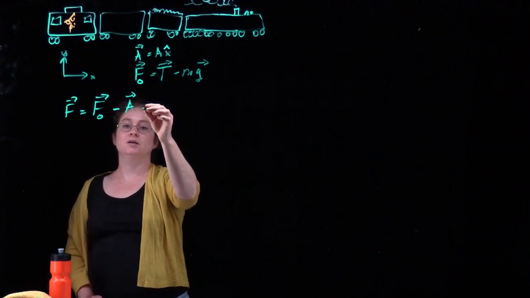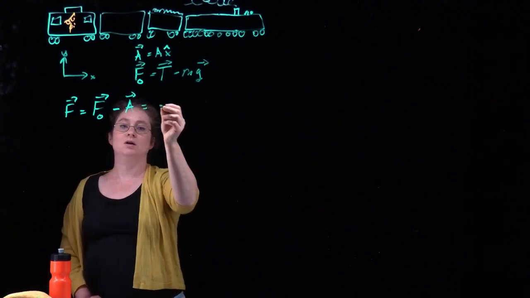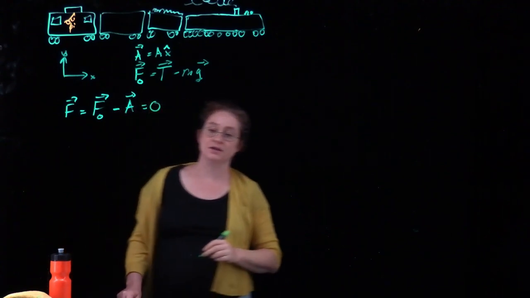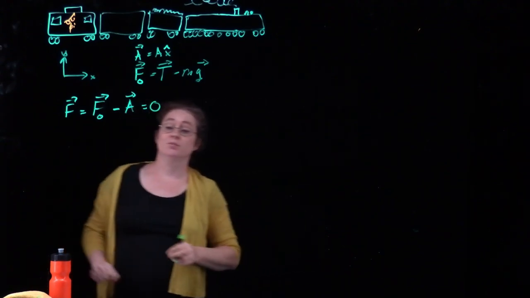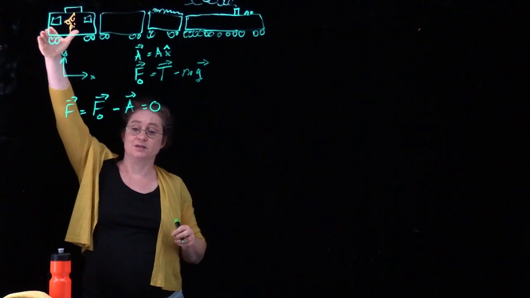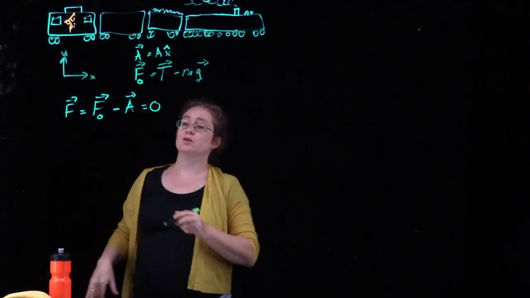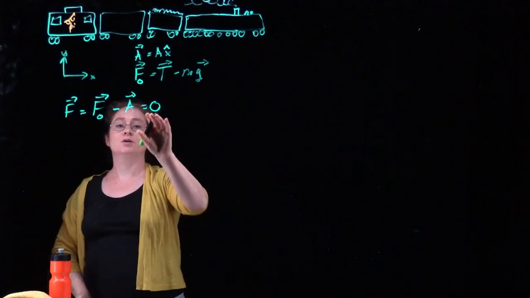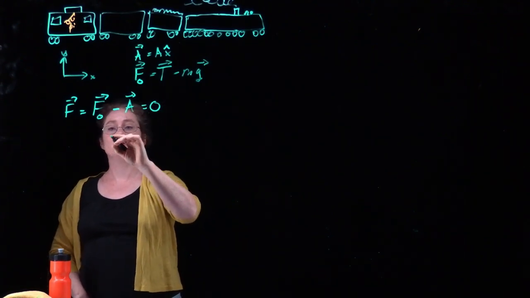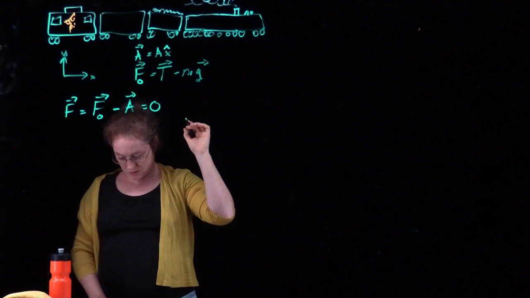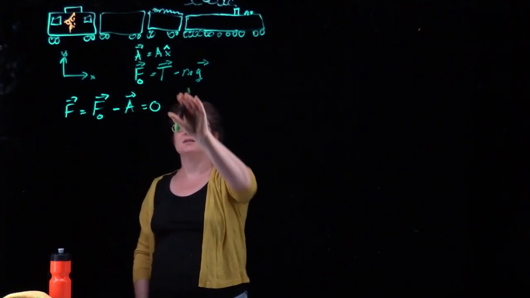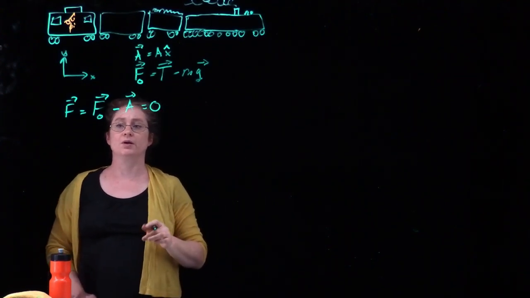In the frame of the train, the net acceleration is 0 because the pendulum is at some sort of equilibrium. It's not rocking back and forth. So the net force is 0.